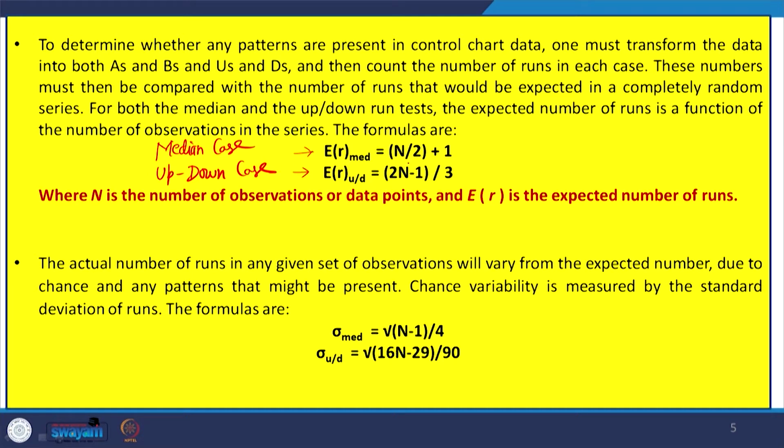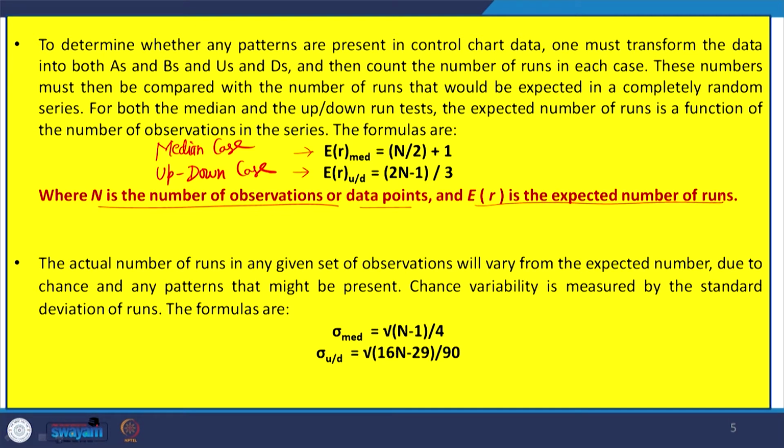In case of median it is n by 2 plus 1, and in case of up and down it is (2n minus 1) divided by 3. So, these are the numbers of expected runs in a particular situation. Here n is the number of total observations or data points, and ER is representing the expected number of runs.